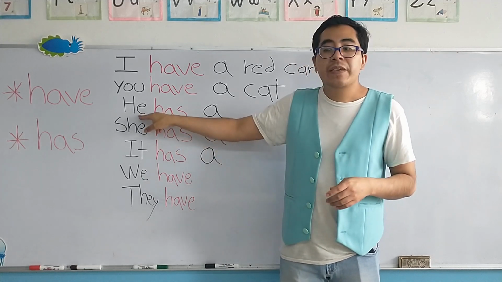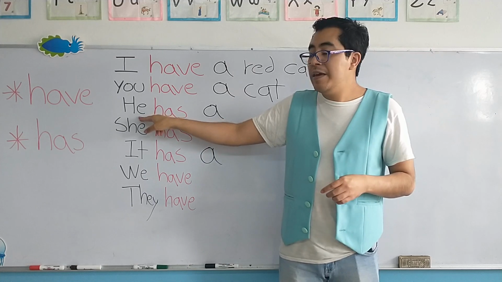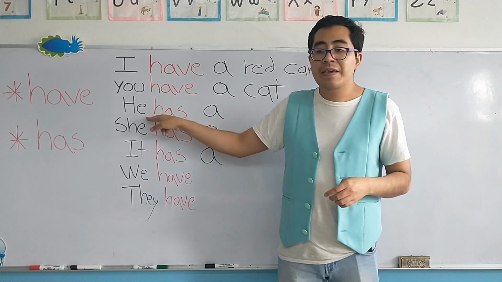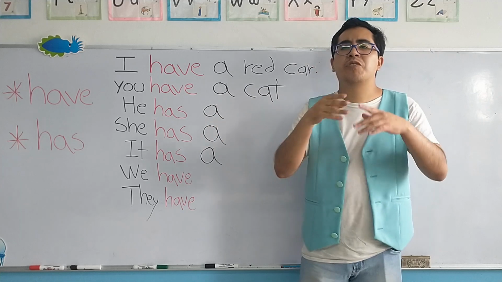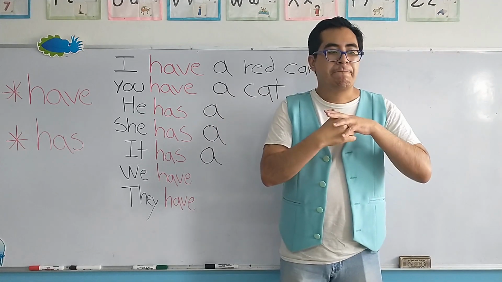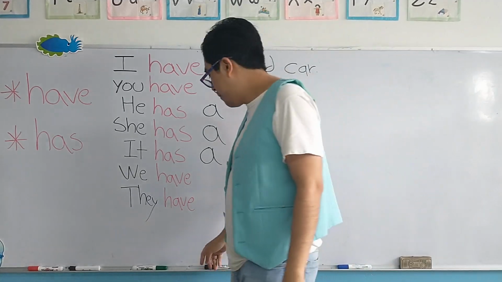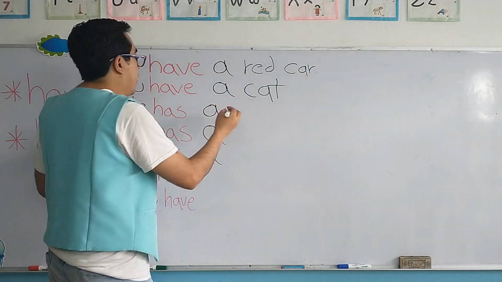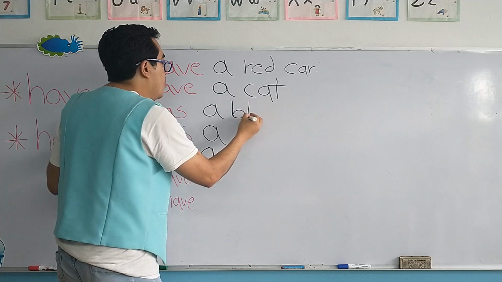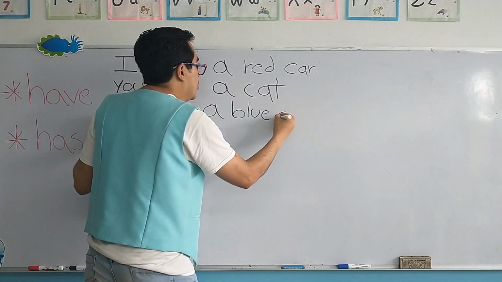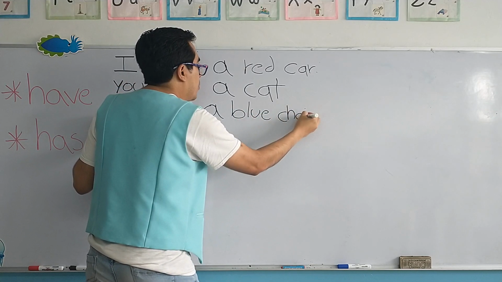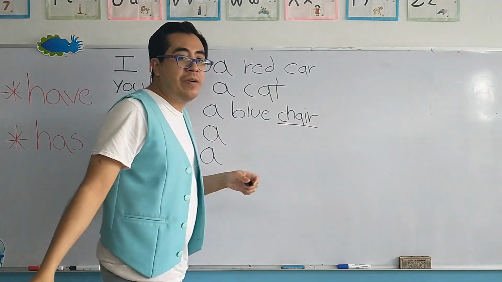It says he, él. He has, él tiene. He has a, and the object. Let's say a blue chair, for example. He has a blue chair. Do you remember what is the word chair?